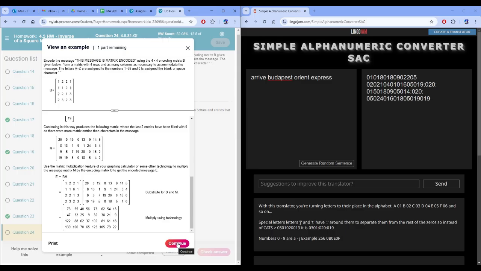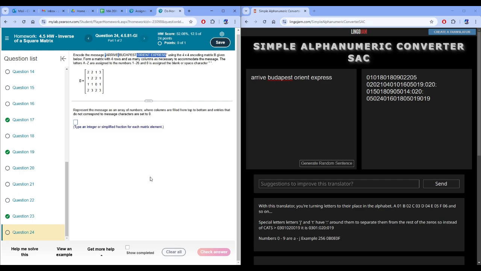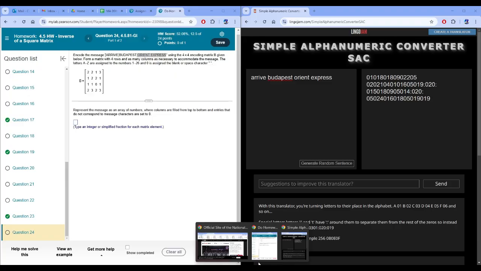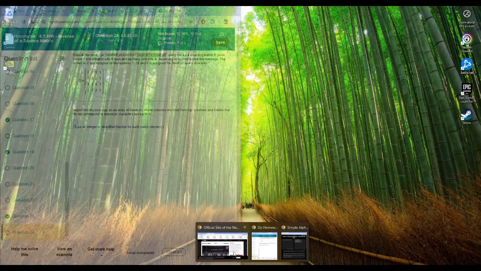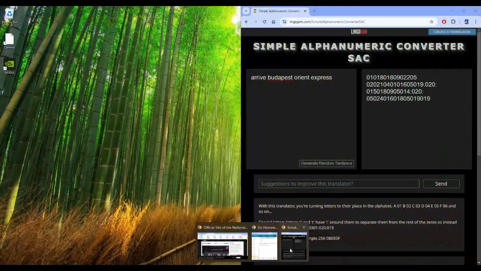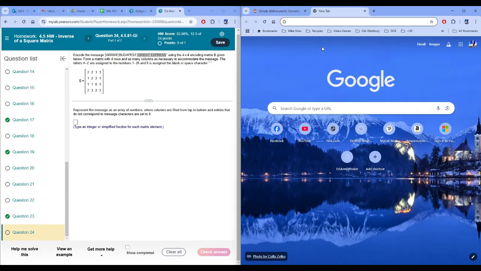And then what? Multiply that? Oh my god. I need a higher order matrix multiplier. Oh boy. Where'd Desmos go? I lost Desmos?